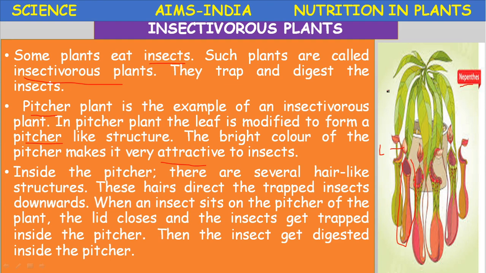It is an adaptation. Because plants not only need the carbohydrates, they also need proteins. These insectivorous plants grow in nitrogen deficient soils. That's the reason why they adopt this method of feeding on insects.